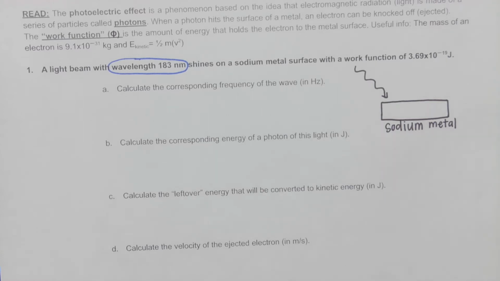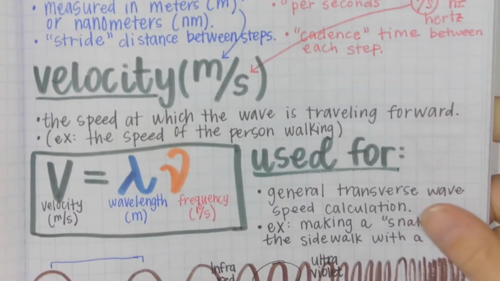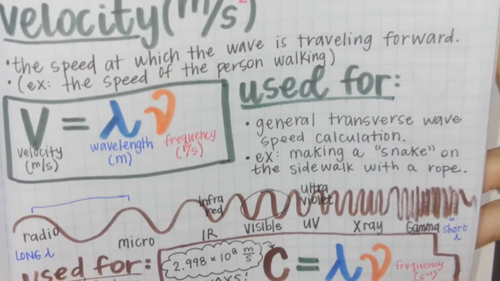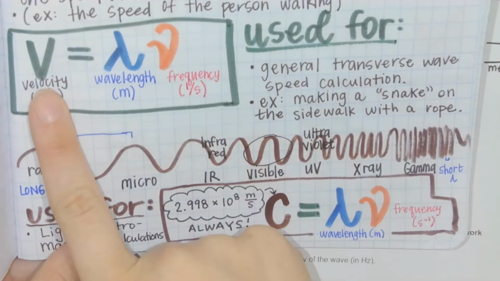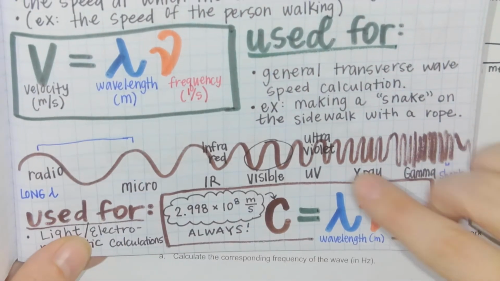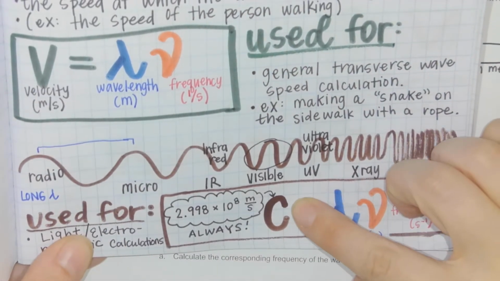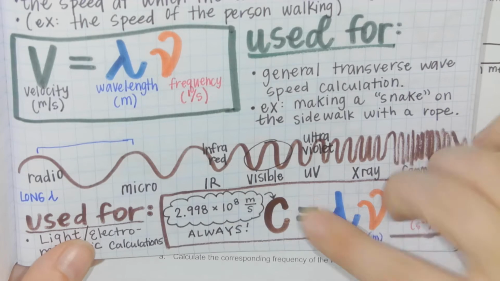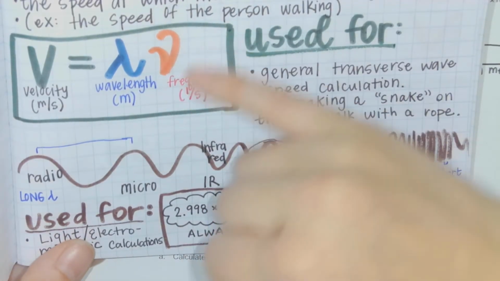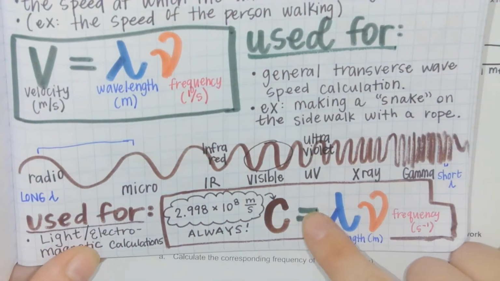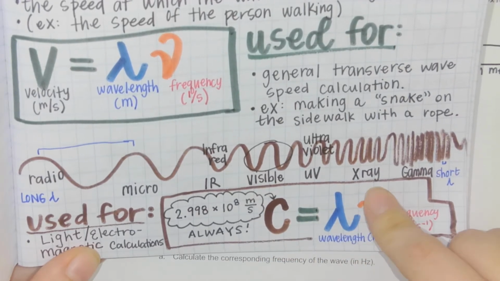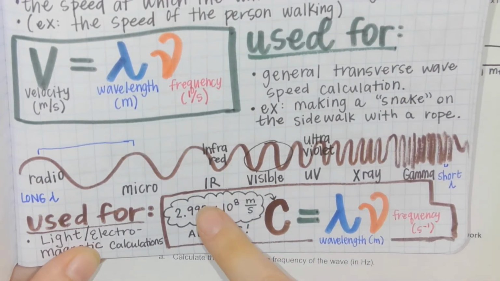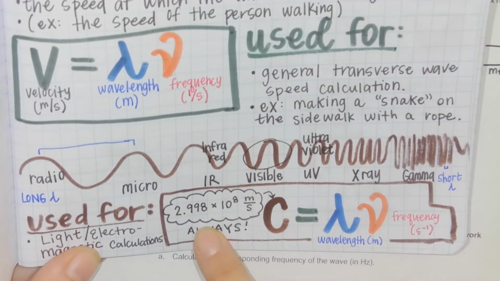Oh no, yeah, sorry, that was the right page. So we've got our equations with wavelength and frequency. This is the general one, but we're going to use the speed of light one because it says it's a light wave. We really won't use this one hardly at all ever. So speed of light equals wavelength times frequency, and the speed of light is always this number.